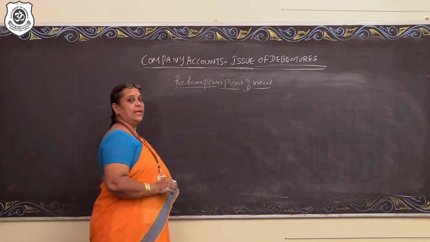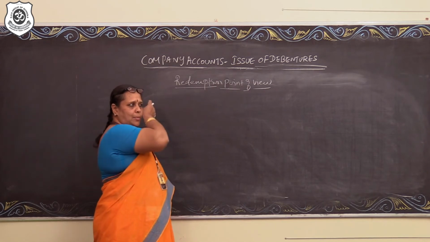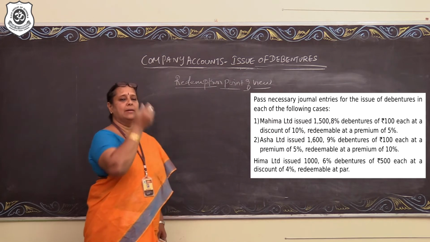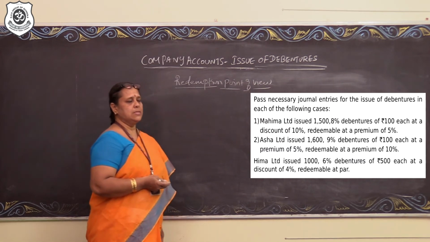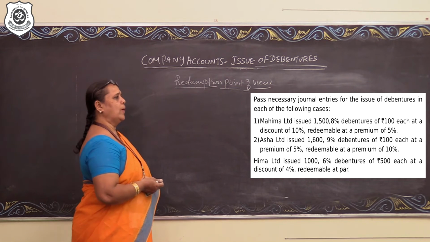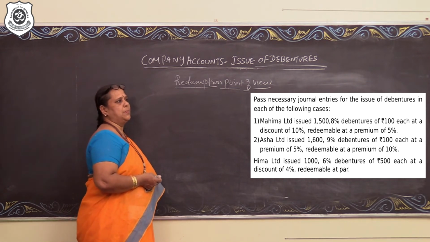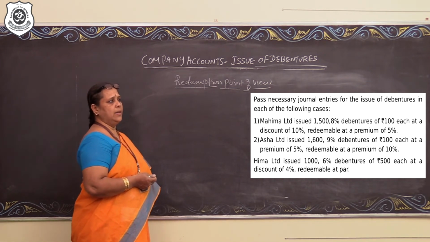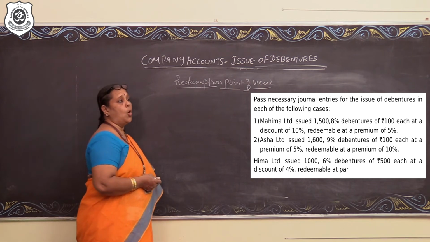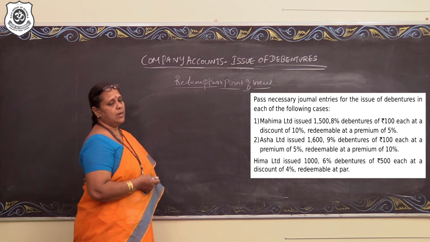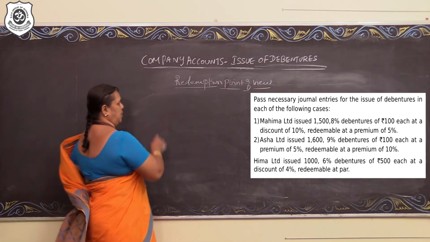So now going to the next question, recording the debentures at different cases, redemption point of view. Now question number 1 says Mahima Limited issued 1,500 8% debentures of rupees 100 each at a discount of 10%, redeemable at a premium of 5%. So issued at a discount, redeemable at premium.